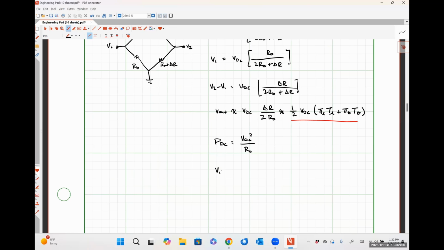Our noise spectral density is then going to be root 4 kBT R naught. So this particular scheme provides double the output signal, same power consumption, same noise as the prior one.